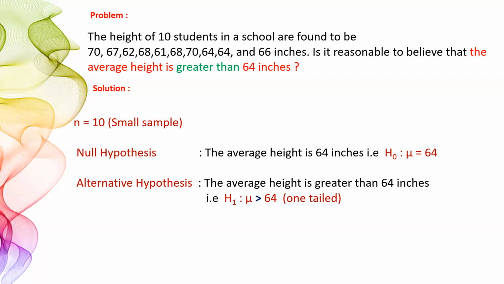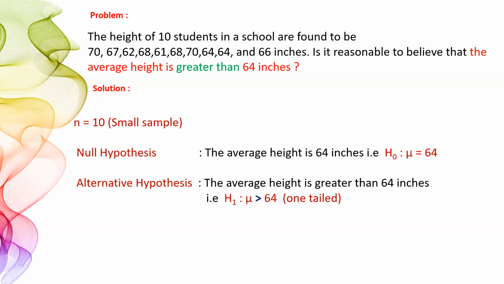So the opposite of the null hypothesis is the alternative hypothesis. So we can write it as the average height is not equal to 64 inches. But here in the problem, it's given that we have to check whether the average height is greater than 64 inches.